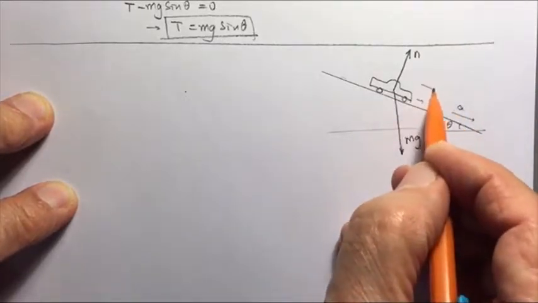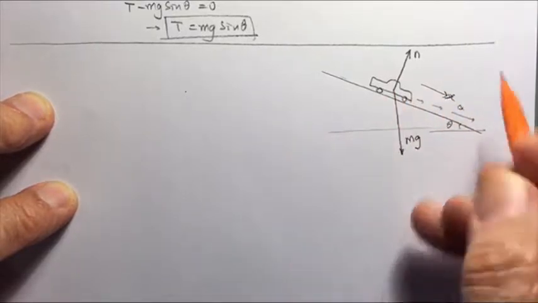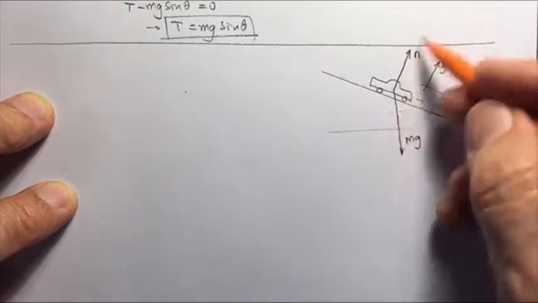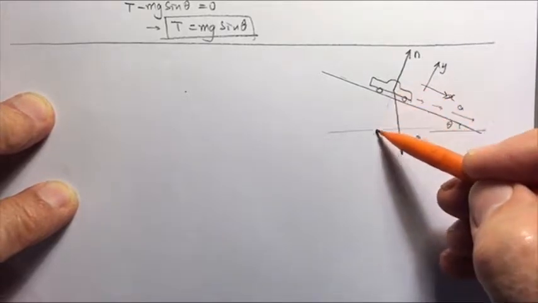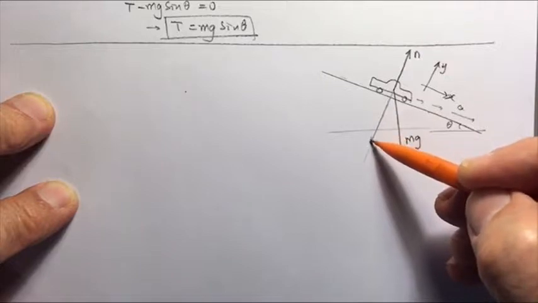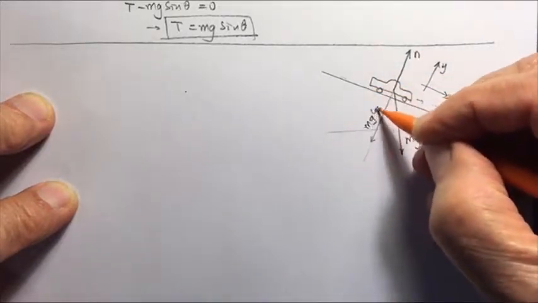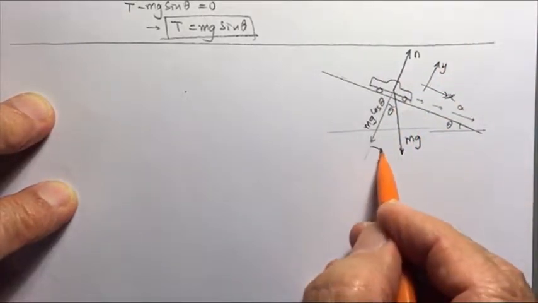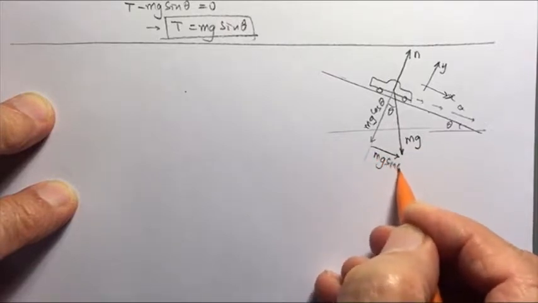And we'll take the x direction along the ground and the y direction perpendicular to the ground. So we break this up into one that's in the y direction, and that's going to be mg cos theta. This is theta, so this is theta, and here is mg sine theta.